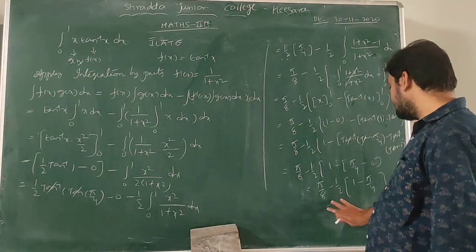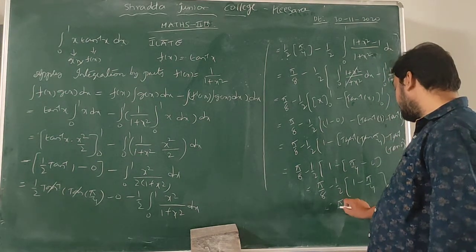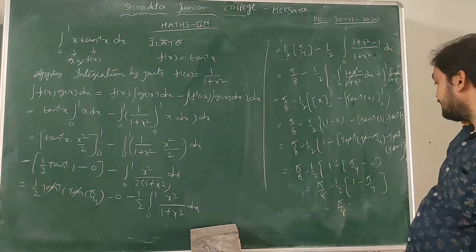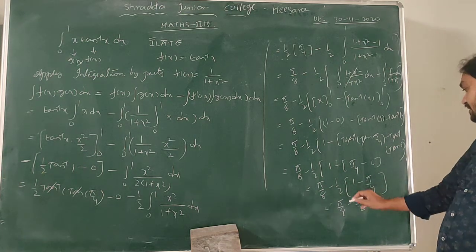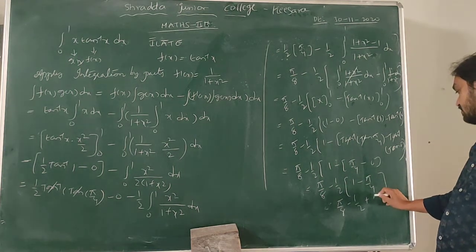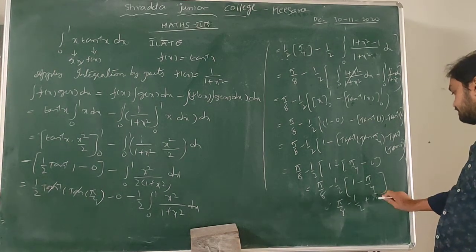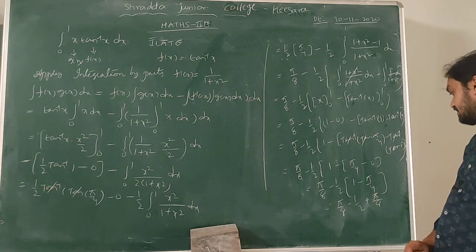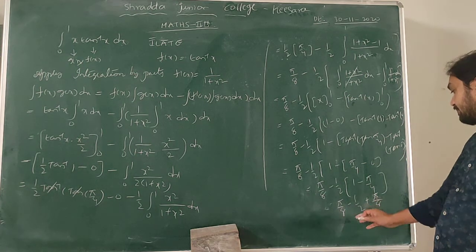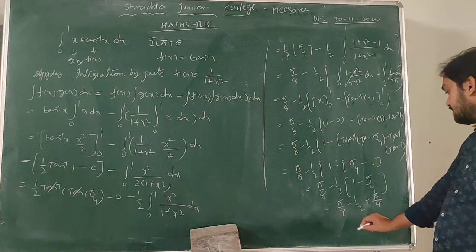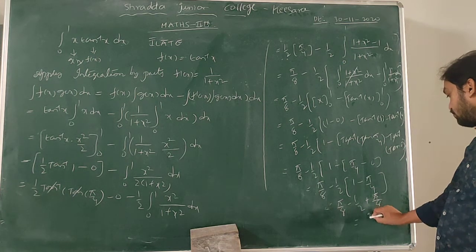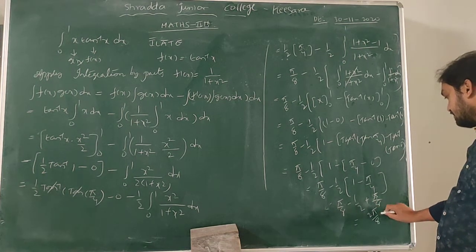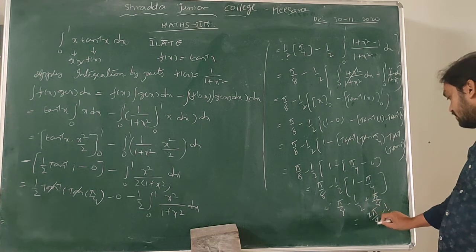See now, this is equal to 5 by 8. This is multiplied with what? Minus 1 by 2. Minus into minus plus 5 by 4 to the how much? That is 8. Now here 5 by 8 plus 5 by 8, how much is this? 2 into 5 by 8 minus 1 by 2, 2 fours are 8.